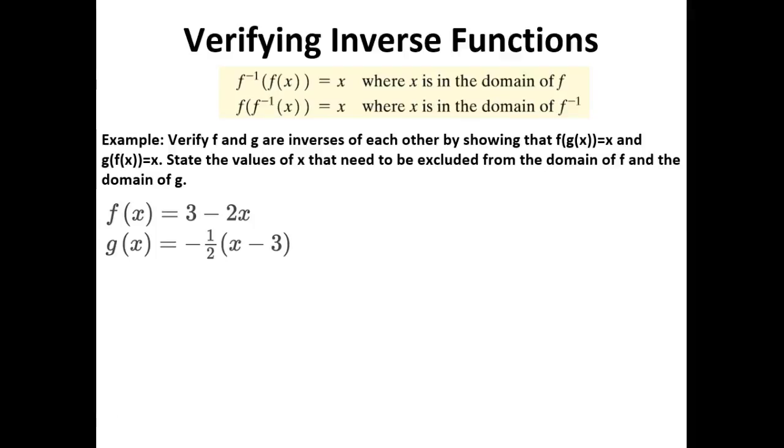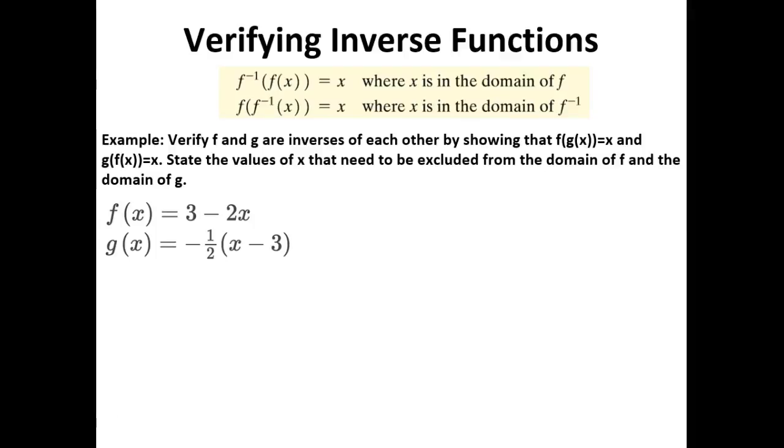Verifying inverse functions. If two functions are inverses, when we put one inside the other, or the first inside the second, or second inside the first, we should get back to where things started. So f inverse of f of x is equal to x, where x is in the domain of f, and f of f inverse of x equals x. This is what this is saying. If we put them inside each other and get back to x in both cases, then they are inverses.